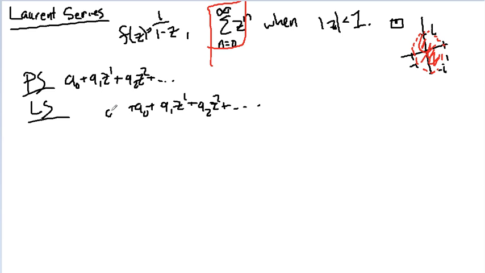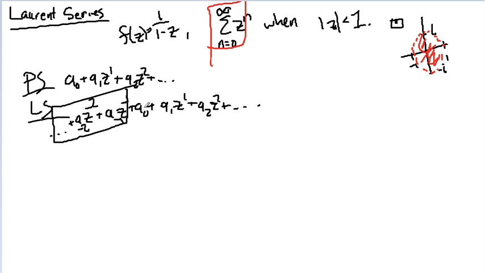But you also get to go the other way. a negative 1 z to the negative 1, in other words 1 over z, plus a negative 2 z to the negative 2 plus and so on that way. So by allowing yourself all of these terms here, you can get convergence of the series outside of this region.